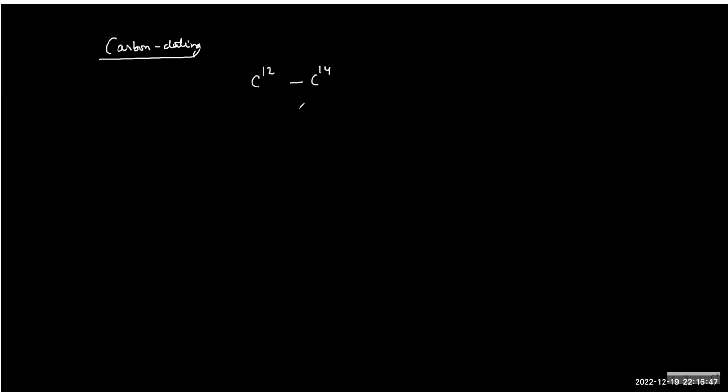C12 is the stable one, C14 is unstable. Similarly, oxygen has O16 and O18. Uranium has U235 and U238, right?